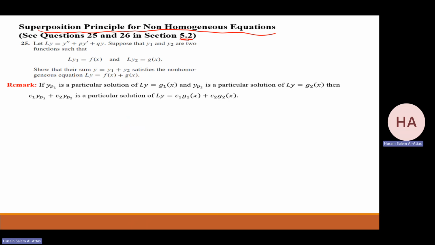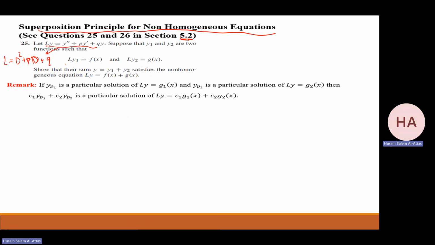What's the idea there? It says if you have a differential equation, you have an operator applying on function y, and my operator L is D squared plus PD plus Q. That will be my operator.